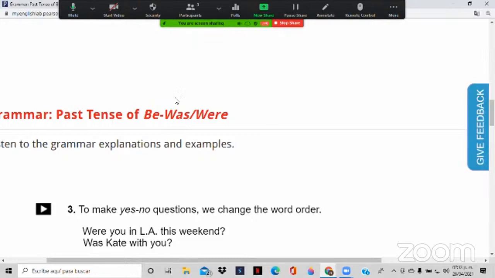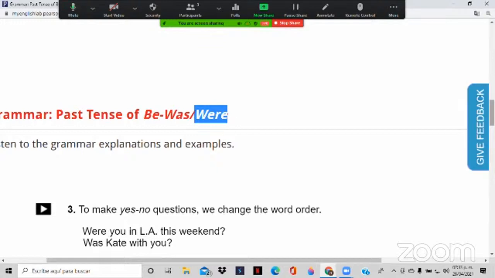Y bueno, el verbo to be es único porque se conjuga de tres formas diferentes en presente y en pasado cambiamos a dos formas. I was, she was o he was y ya para los demás. Por ejemplo, nosotros éramos o estábamos, we were, o ellos, they were.